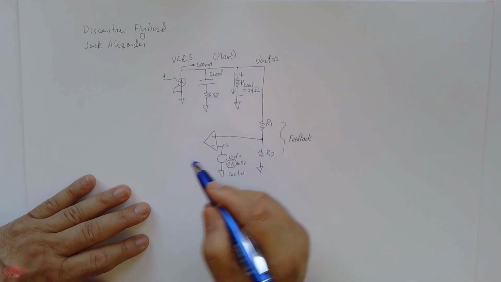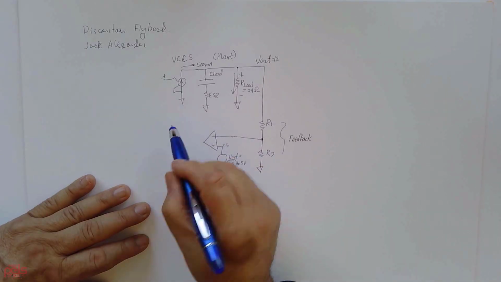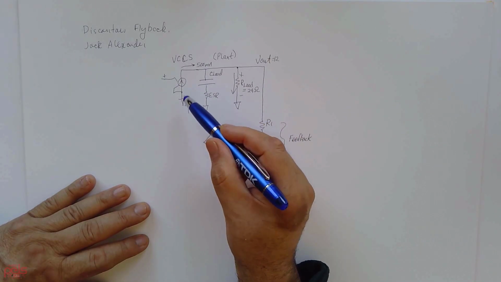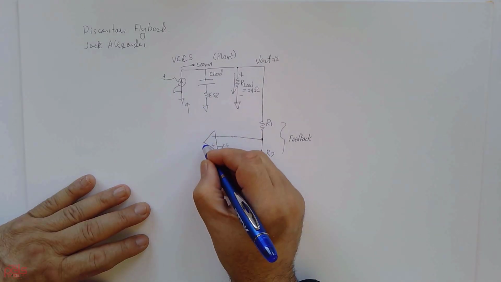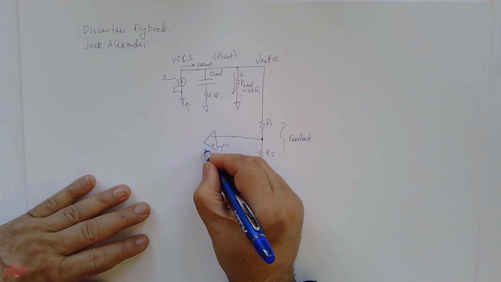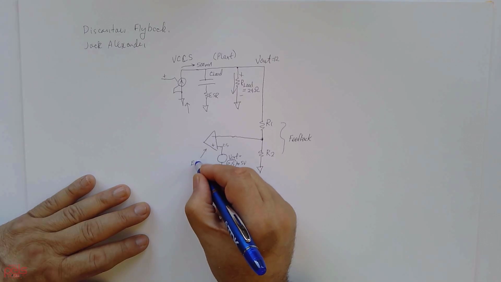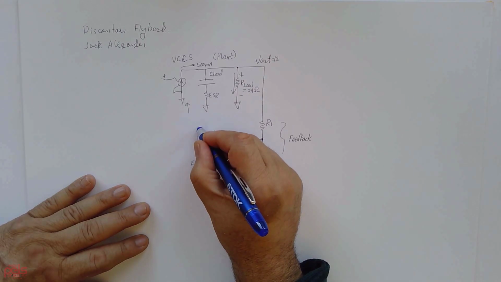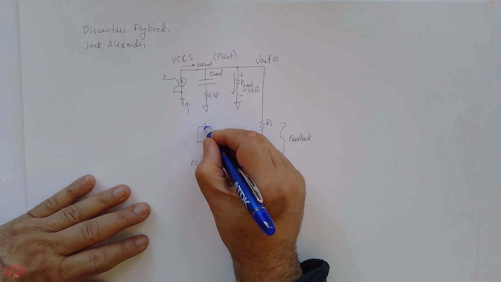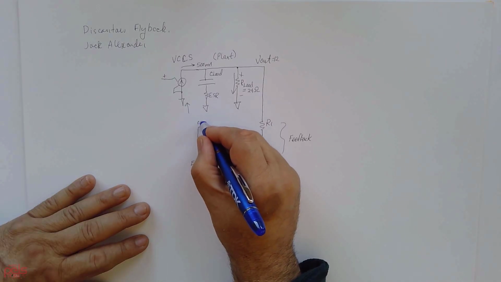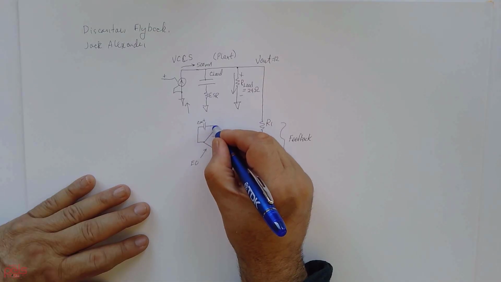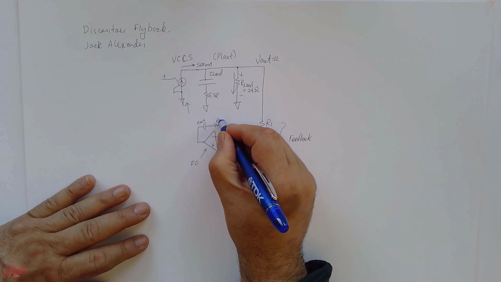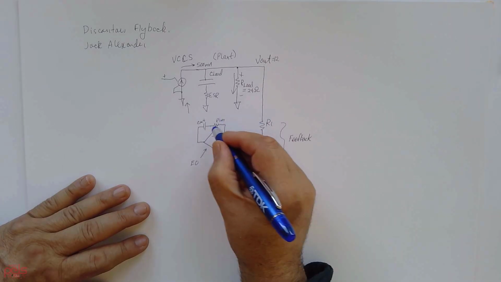Once you have this, this is what I call Jack's model. Everything past the error amp, which I'll call AO, is the compensation. The error amp will have a capacitor, CINT, with a resistor, RINT.